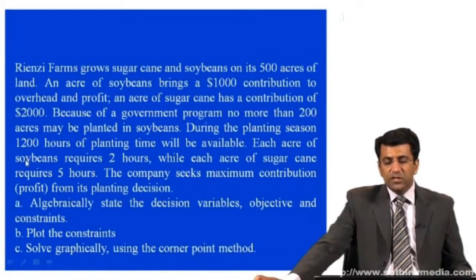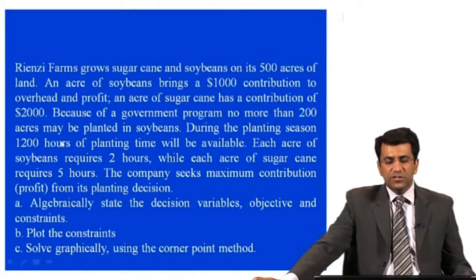Each acre of soybean requires 2 hours, while each acre of sugarcane requires 5 hours. So class, you can get the idea about another constraint: total hours of planting available are 1200 hours, and each acre of soybean requires 2 hours and each acre of sugarcane requires 5 hours. So another constraint may be 2x plus 5y should be equal to or less than 1200.